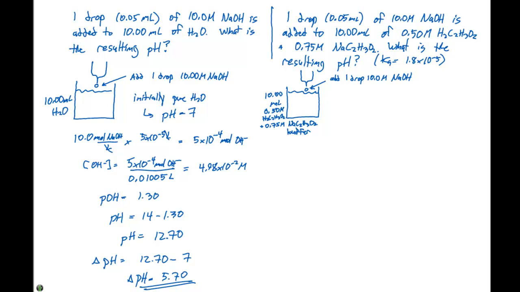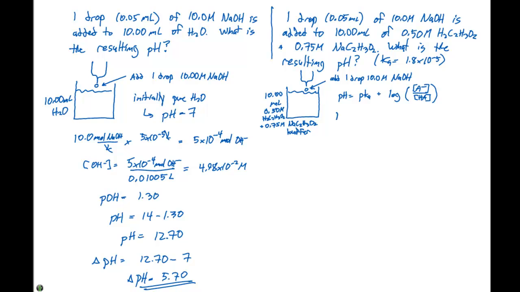Initially, before we set anything up here, we have to calculate the initial pH of our solution. To do that, we need to use the Henderson-Hasselbalch equation, which is the pH is going to equal the pKa plus the log of A minus divided by HA.